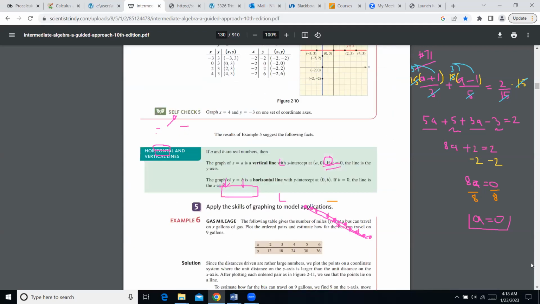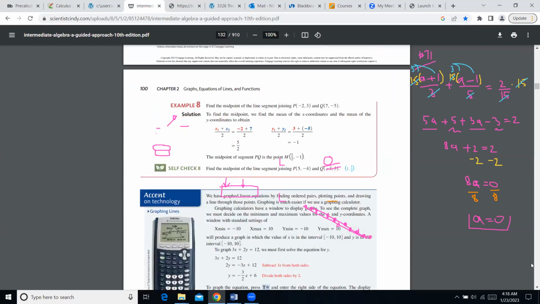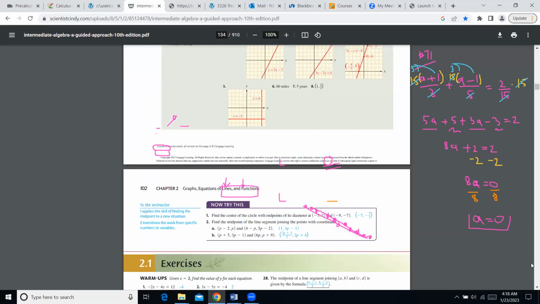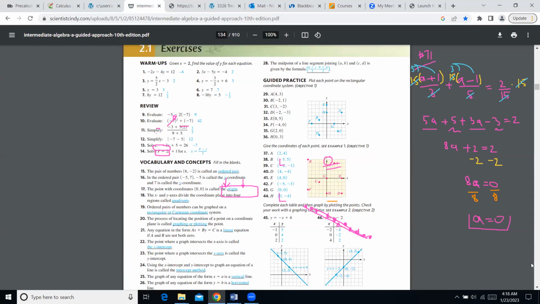So that's what they're practicing in section 2.1. They try to put numbers in and plot those particular points.